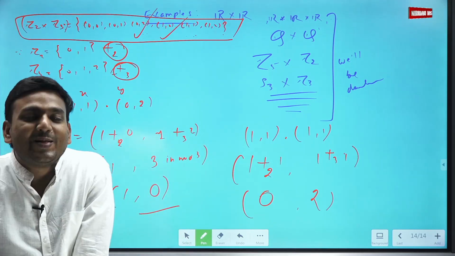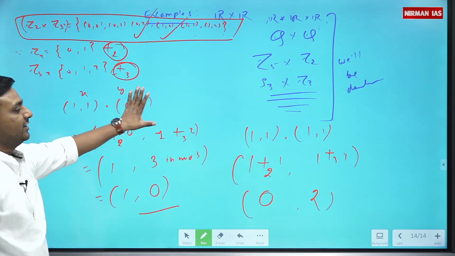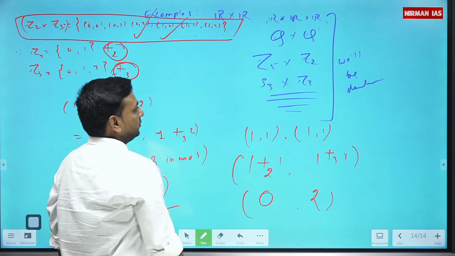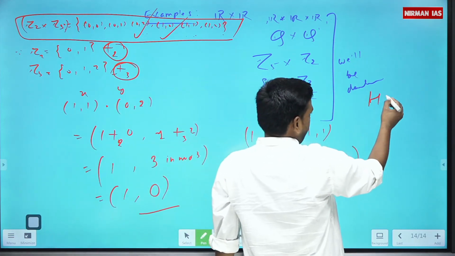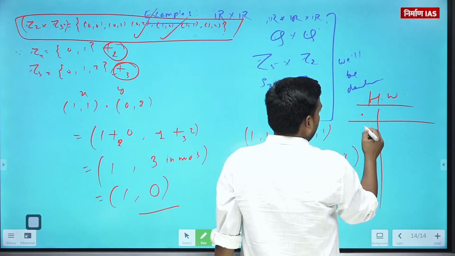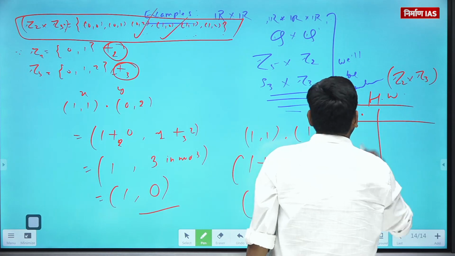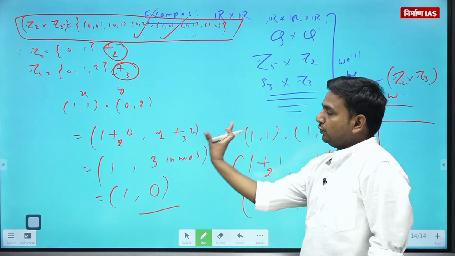Did you enjoy it? So such a structure you can also talk about. So one homework I'm giving you guys: form a composition table of Z2 cross Z3. I have already told you how you will compose.